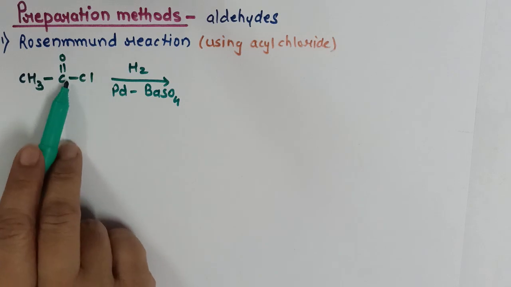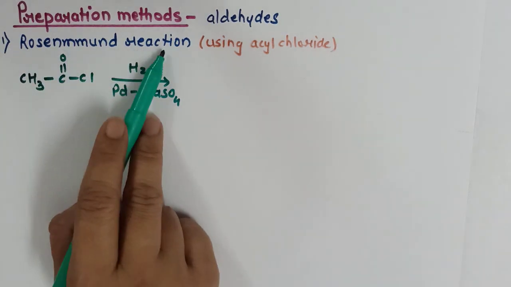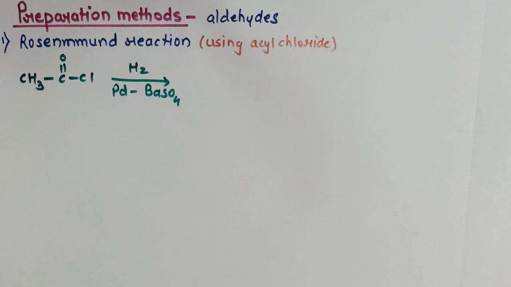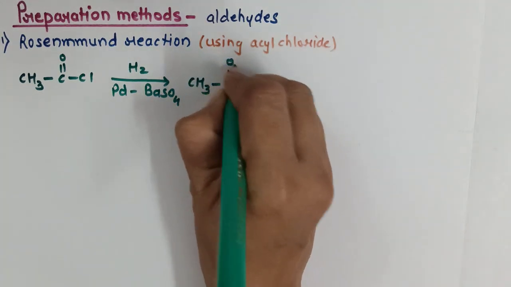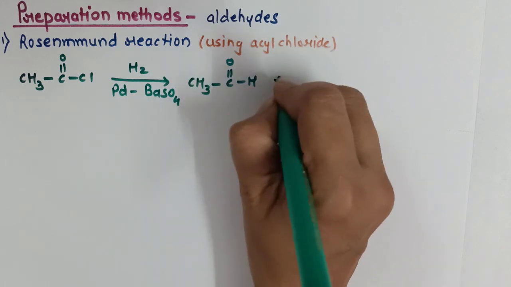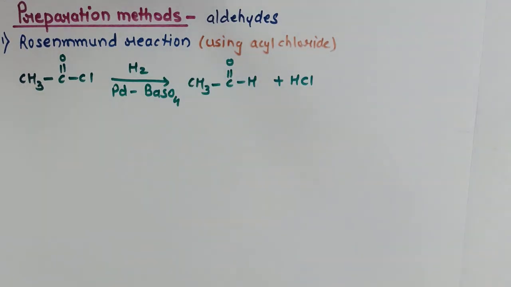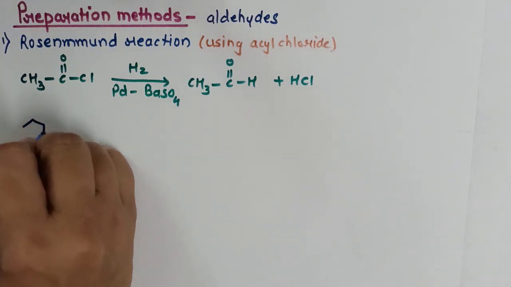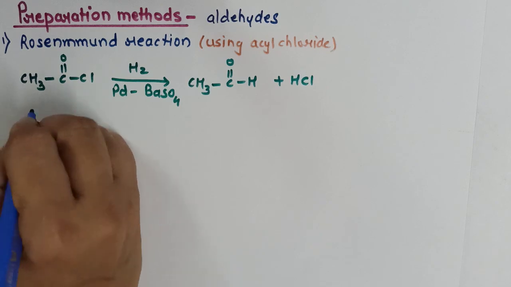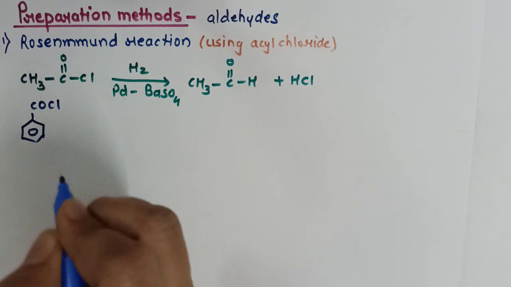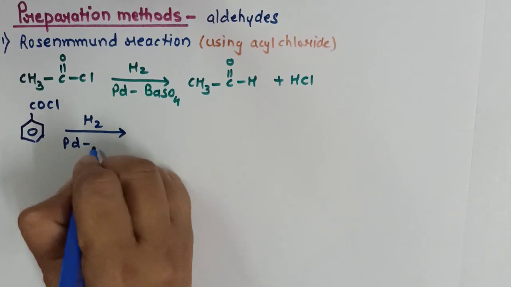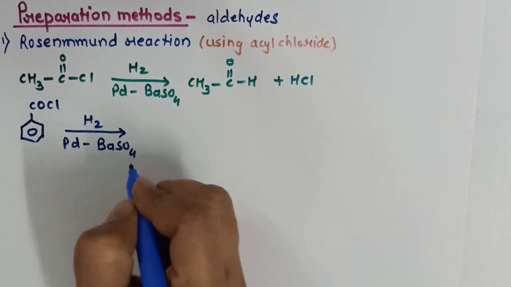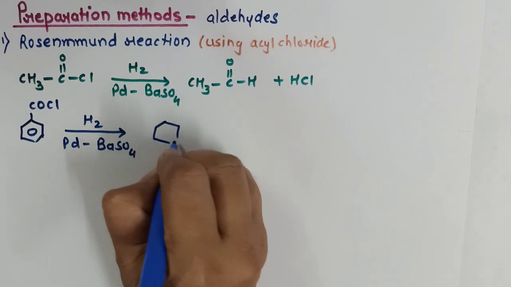This acyl chloride group gets reduced, and therefore the Rosenmund reaction is also known as Rosenmund reduction. It will give ethanal plus HCl. We can take even benzoyl chloride. When it is treated with hydrogen in presence of palladium and barium sulfate, we get benzaldehyde.